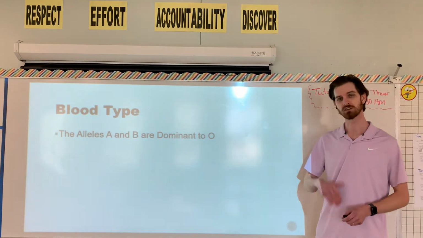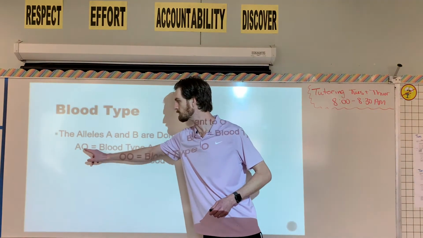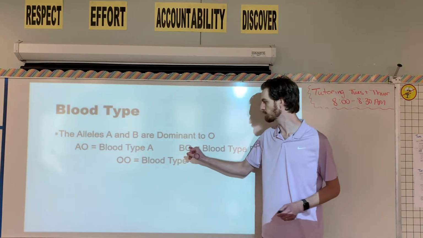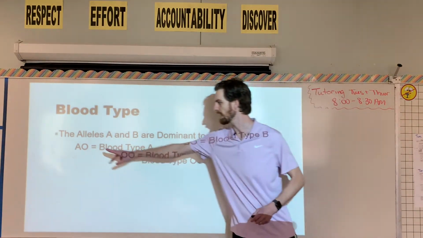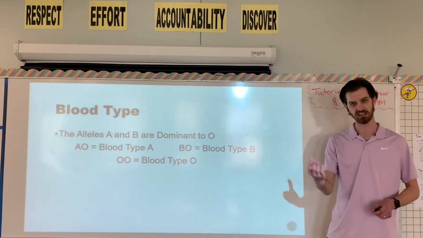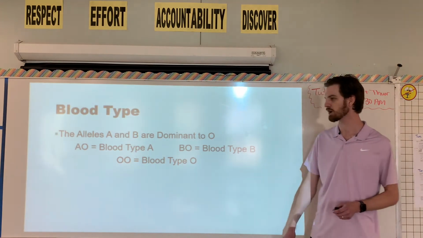The O would be the lowercase i or the recessive. So if a person has the allele of A with O, they actually show a blood type of A. If they have an allele B with an O, they show a blood type of B because B is dominant to O, A is dominant to O. And when you have two O's together, that would be having that double recessive, being homozygous recessive, so then you're going to show blood type O.